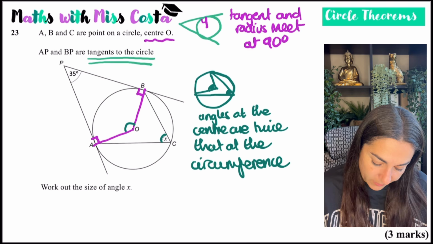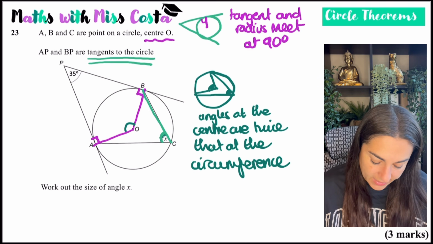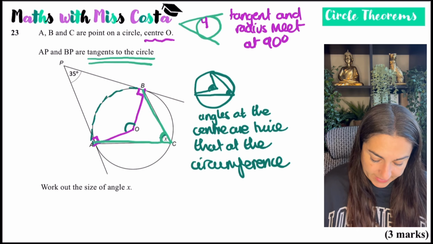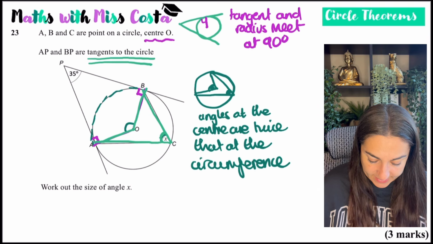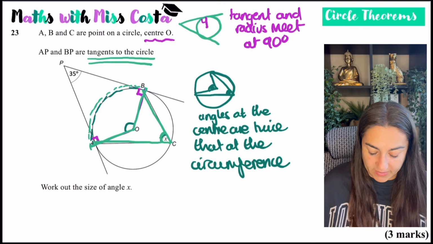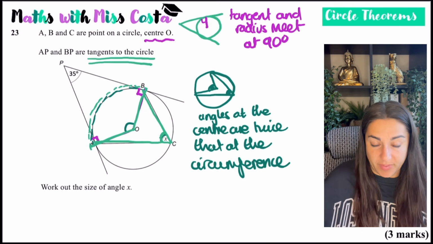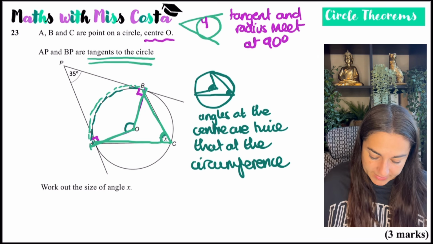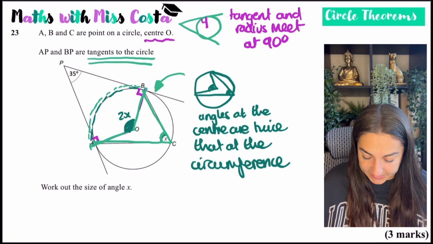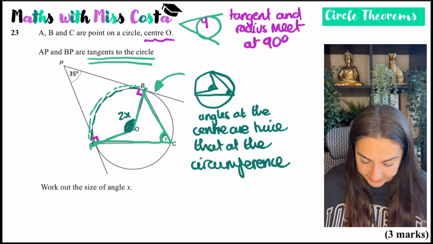So let's look at this angle here. It's formed by these two lines here. So where's the arc that forms that angle? Over here. Let's do the same with this angle here that's at the centre. I extend my lines, and similarly it's also formed by this arc. So that must mean that these would fit the theorem. So I know that I can use that over here. So that leaves me to know that this is going to be 2x, because the angle at the centre is twice that at the circumference.